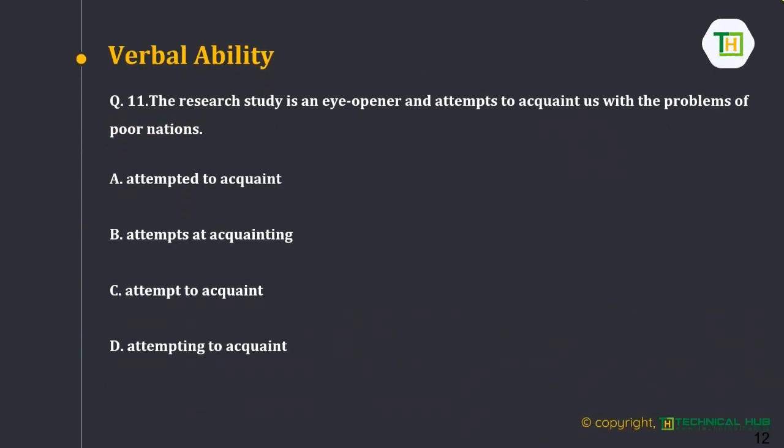The next question: "The research study is an eye opener and attempts to acquaint us with the problems of poor nations." Let us see how it is happening. This is a part we need to change. "Attempted" will not come.